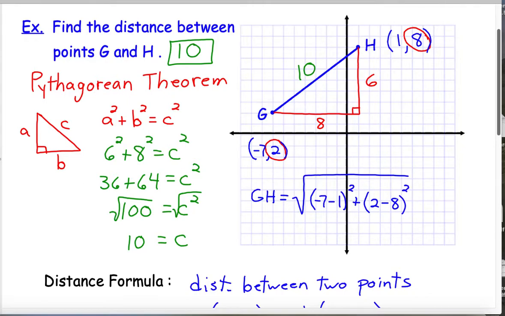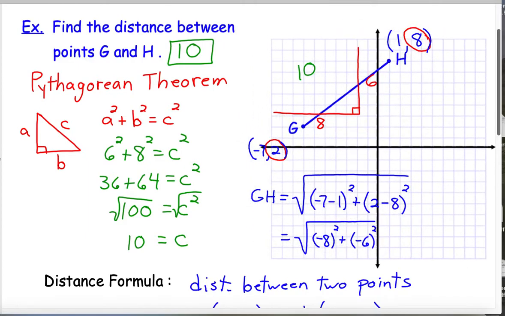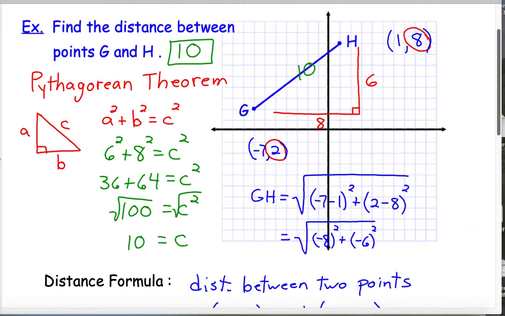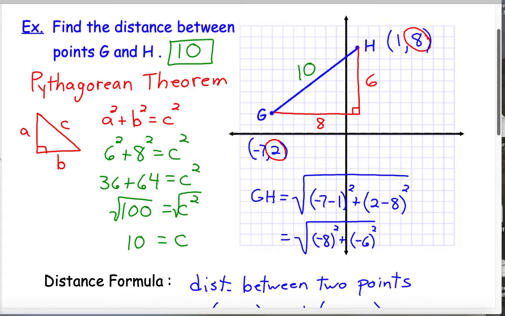And now we'll go ahead and simplify this. And remember, order of operations, we're going to do the parentheses first. So we're going to have square root. Negative 7 minus 1 is negative 8 to the second power. 2 minus 8 is negative 6 to the second power. Let's put that back. Kind of running out of room here.